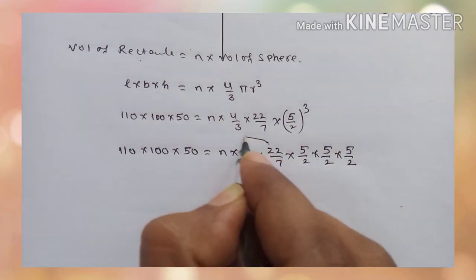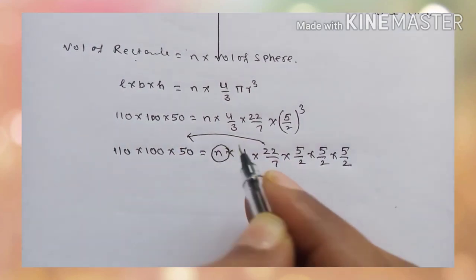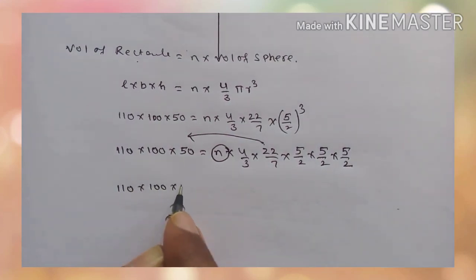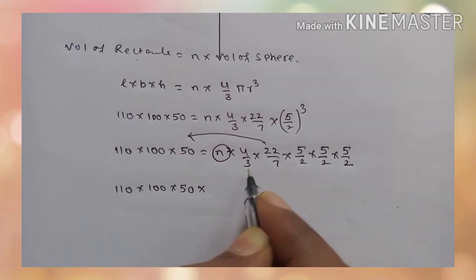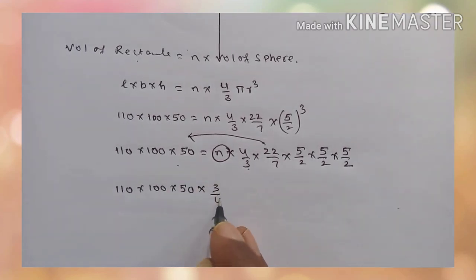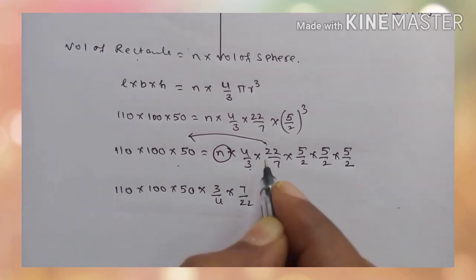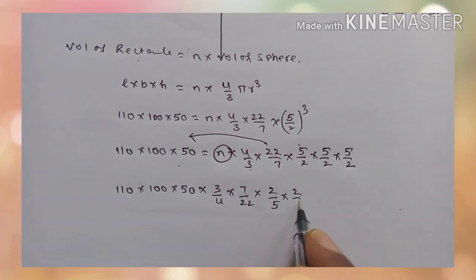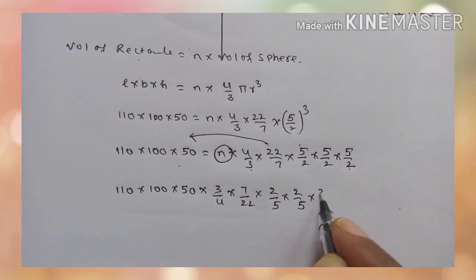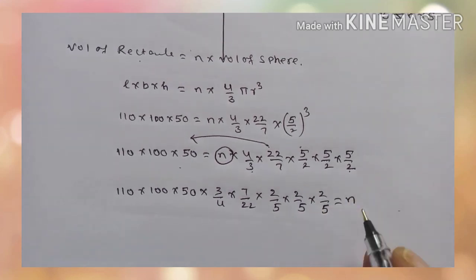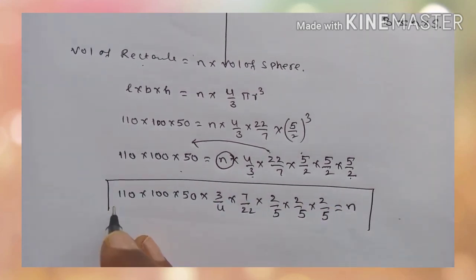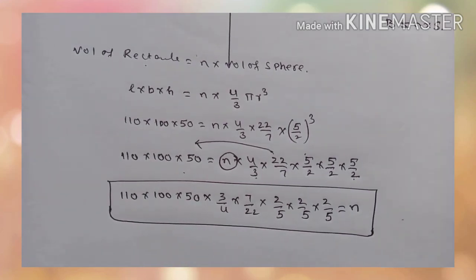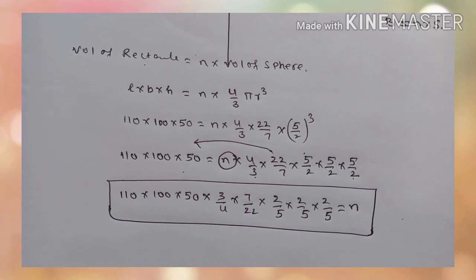Now transpose all the terms except the value of n. So 110 into 100 into 50 into the reciprocals 3 by 4, 7 by 22, 2 by 5, 2 by 5, 2 by 5 is equal to n. Till here there is no cancellation.